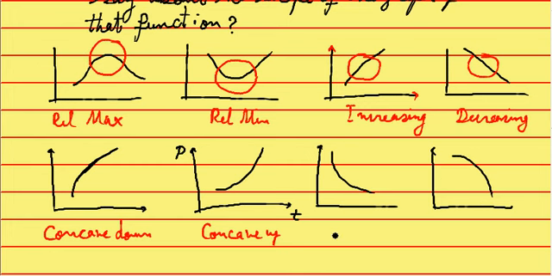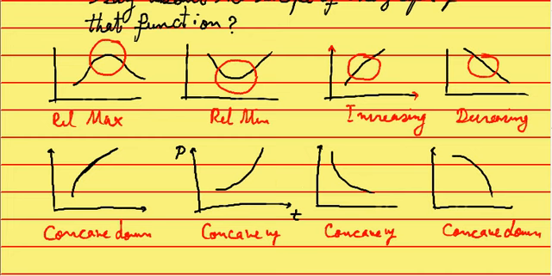So this one is called concave up, and this one is called concave down. Okay, so this is like the other half of that. If you wish, these two can be joined together, perhaps will be part of the same picture.